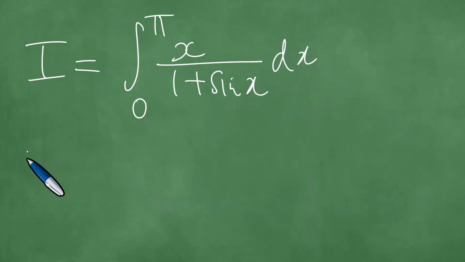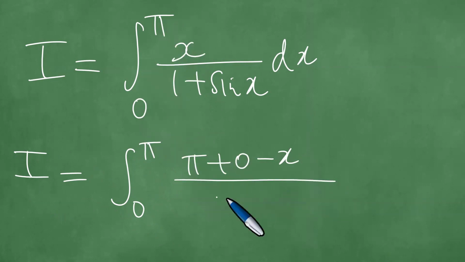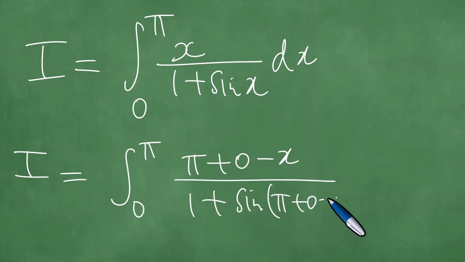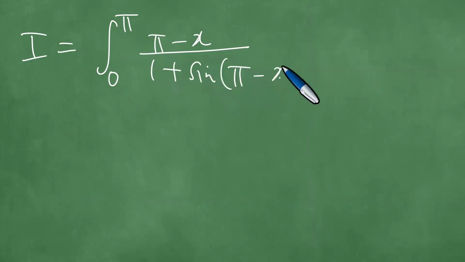We use that property: wherever there is x, we add the two limits of integration, pi and 0, and subtract x. So in the end, I is the integral from 0 to pi of pi minus x over 1 plus the sine of pi minus x dx.